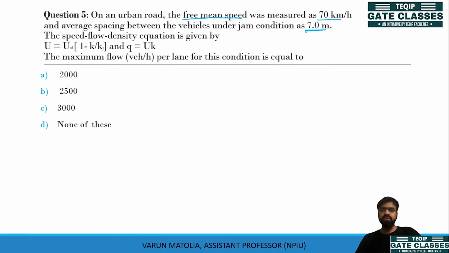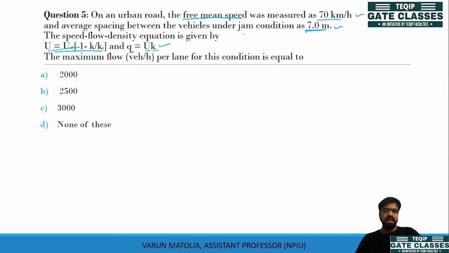The space flow density equation is given. Q is K into U, which we already know. They want us to calculate the maximum flow per lane for jam condition and free flow speed.